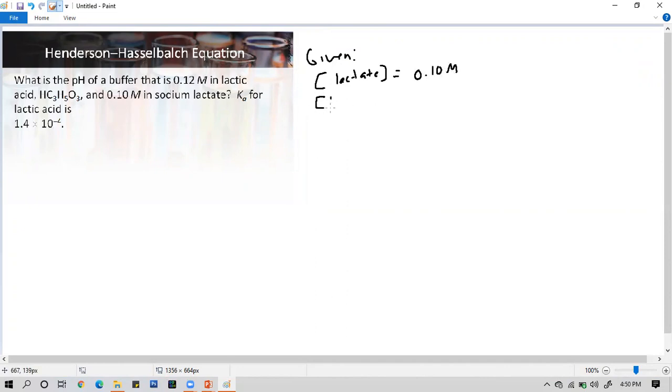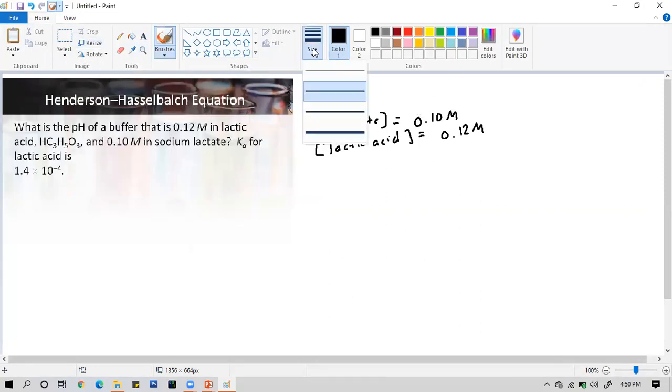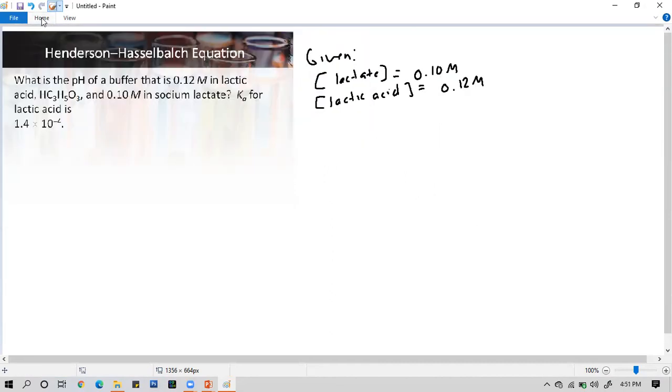And yung concentration ng lactic acid is 0.12 molar. And then, meron daw tayong Ka value na 1.4 times 10 raised to negative 4. Ang hinahanap sa may problem, ano daw yung pH niya?